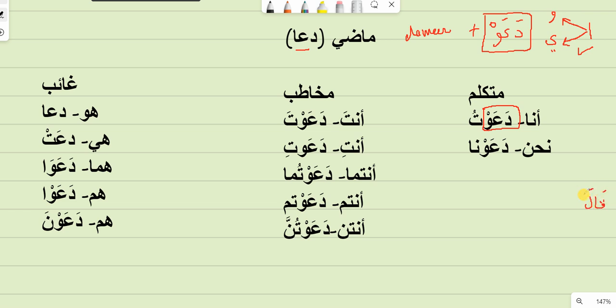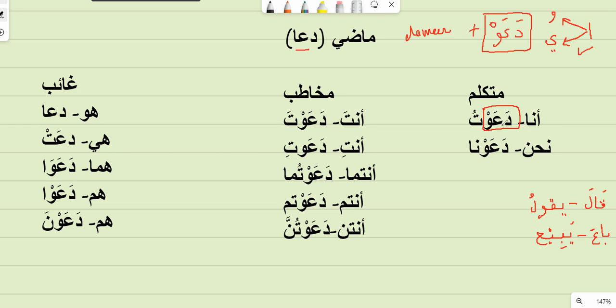Qala, there was a weak letter in between, and ba'a. So what is the difference? In qala, when you make the present tense, it becomes yaqulu. So this alif changed to waw, right? And in ba'a, yabi'u. So the alif has changed to ya. So this is the difference. Okay.